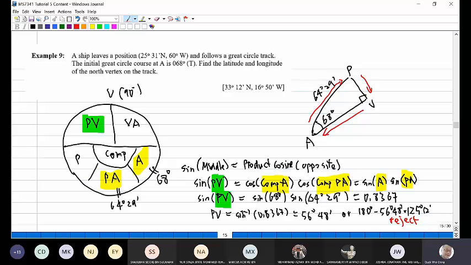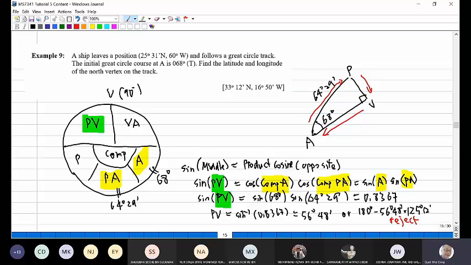Why do we reject the second one? Because you see that the larger the angle, the bigger the side, right? So PV is actually the smaller side. The angle opposite PV is 68 degrees. The angle opposite 64 degrees 29 minutes is the right angle, 90 degrees. So you know that PV cannot be more than 64 degrees, 29 minutes. So you reject. So the PV is 56 degrees, 48 minutes now.